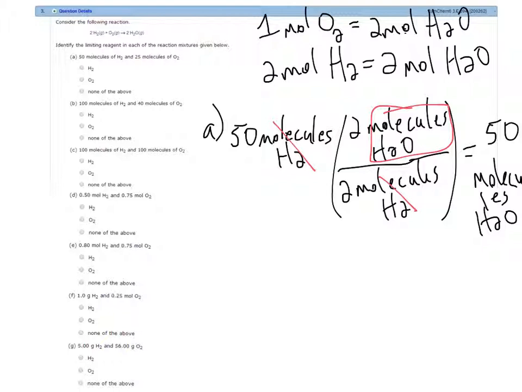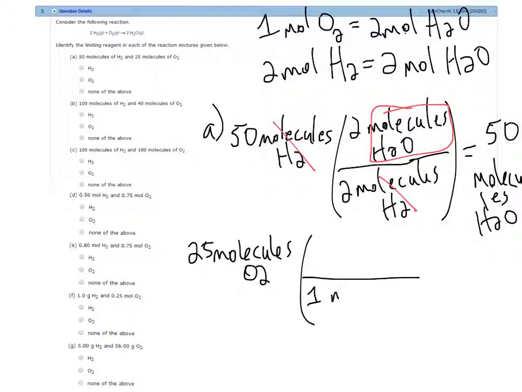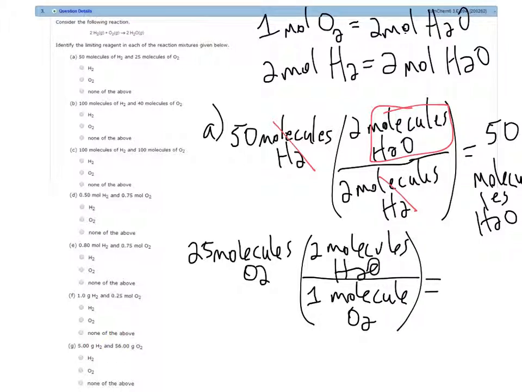The other consideration is how much oxygen you have. So 25 molecules of O2, and it's 1 molecule of O2 for every 2 molecules of H2O. The way I got that was by looking at the coefficients in the equation.